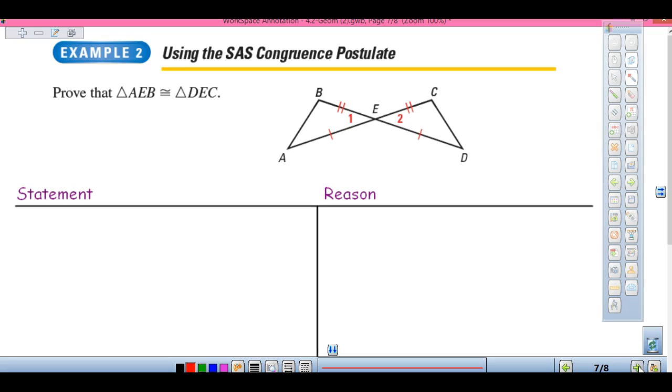So if we talk about this, what do we always start with? The given. Now, are there any givens written for us? No, but did they give us some information in the picture? Yeah, so let's write down the information they gave us in the picture.